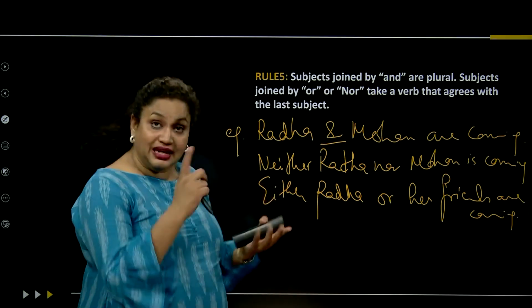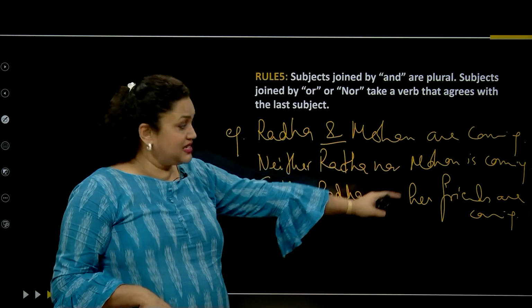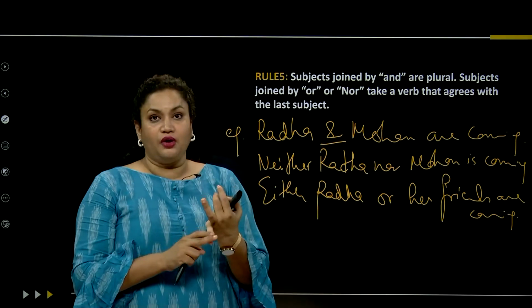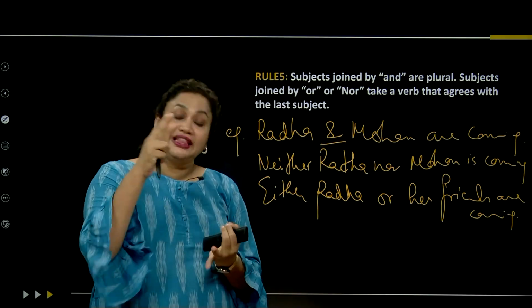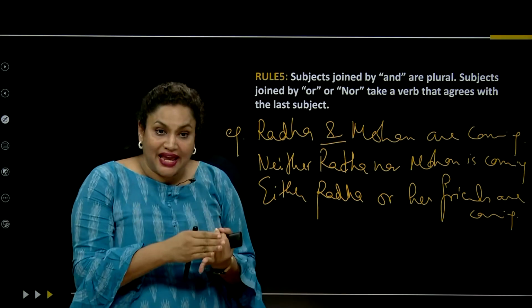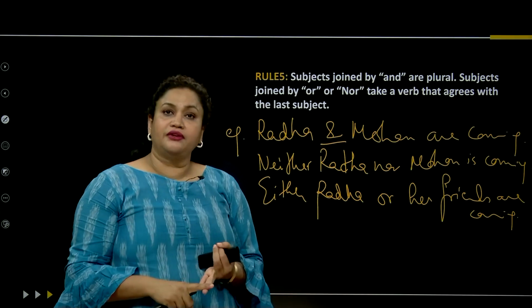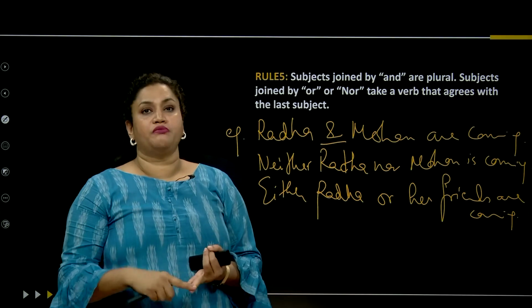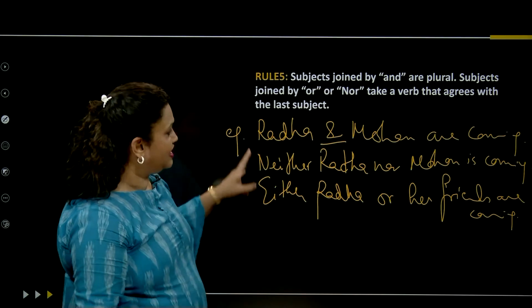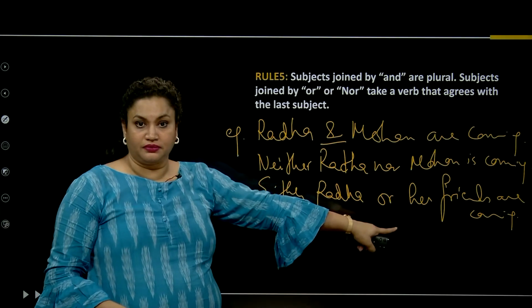But in case I have one singular noun and one plural noun, whichever noun is placed next to the verb, the verb takes the singular or the plural form accordingly. For example, either Radha or her friends are coming.